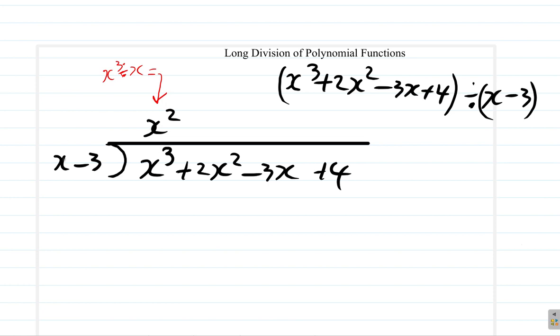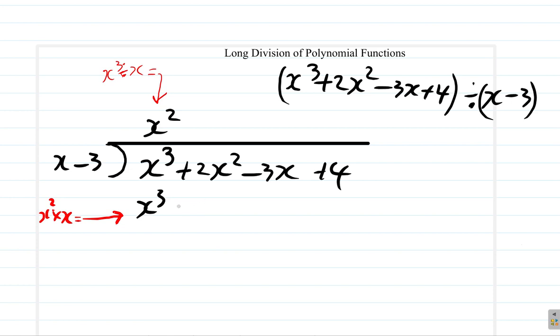X squared multiplied by x, and we get our x cubed there. It's this x squared multiplied by this x, right? You see that?